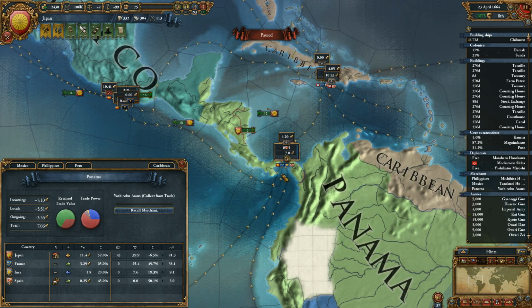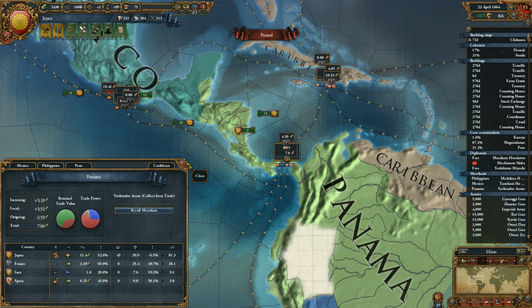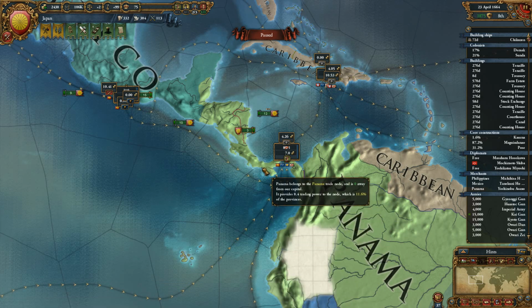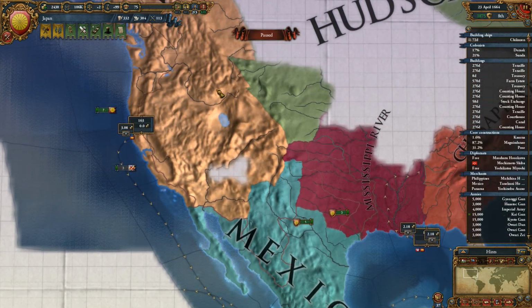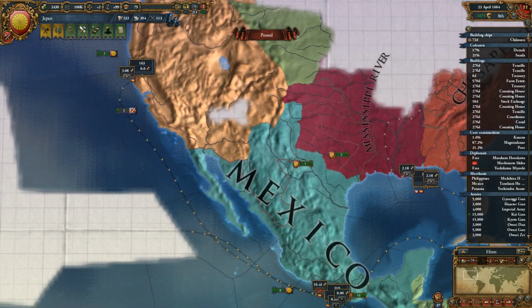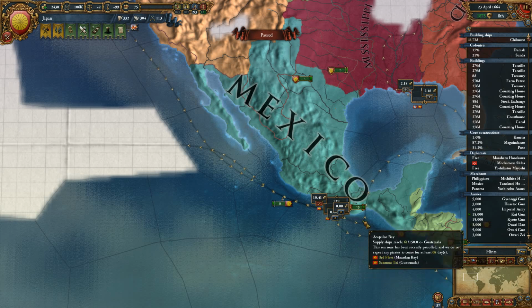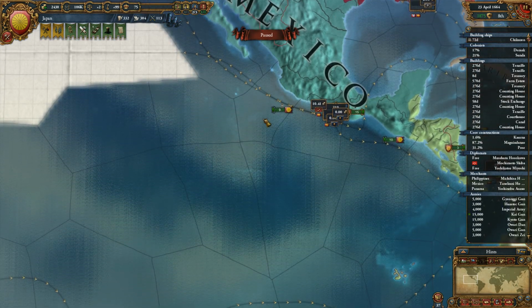So that's one way to gain a little bit of extra cash from a trade node. Unfortunately, as you can see, only one trade node, the Californian trade node, actually goes into the Mexican one. So I'm rather limited.